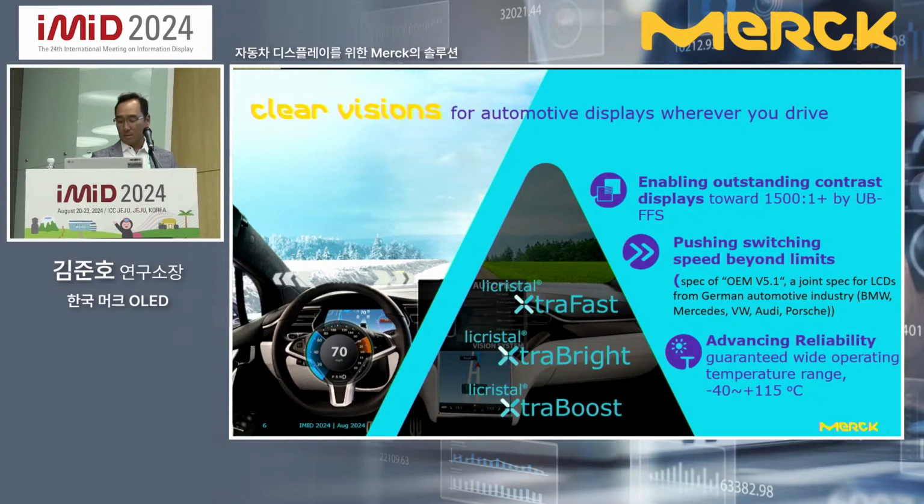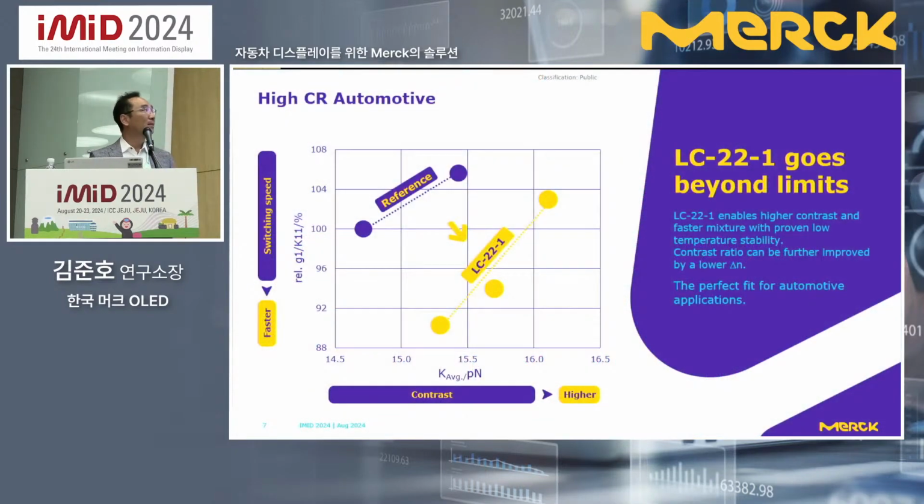So this is our cutting edge LC single, so-called LC 2020-1, giving us a remarkable response time and also the contrast ratio. The K average is the key parameter representing contrast.